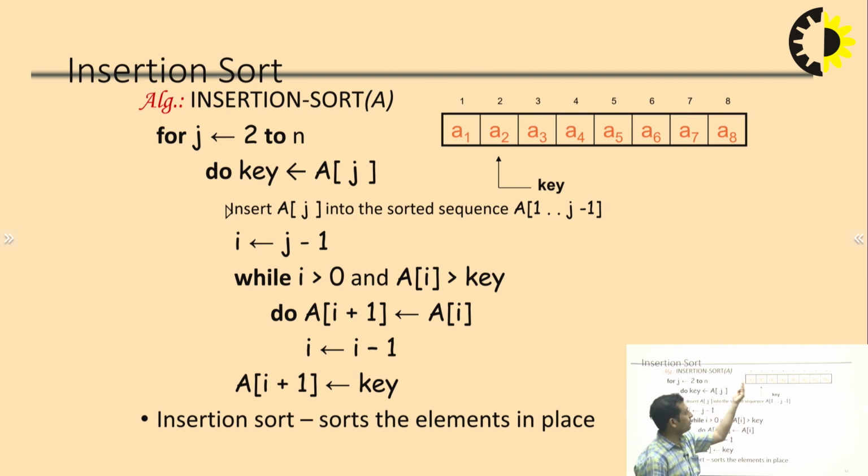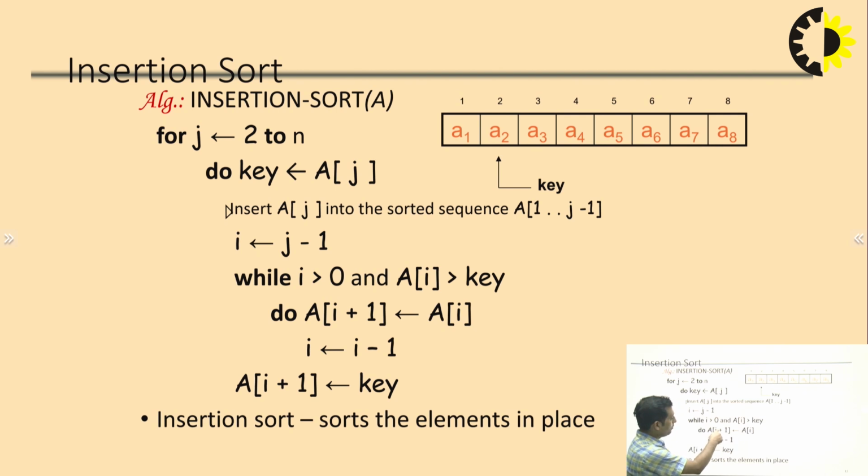So we can decrease up to index number one. This is our termination condition, and A[i] is greater than key. In the comparing situation, A[i] must be greater than key.